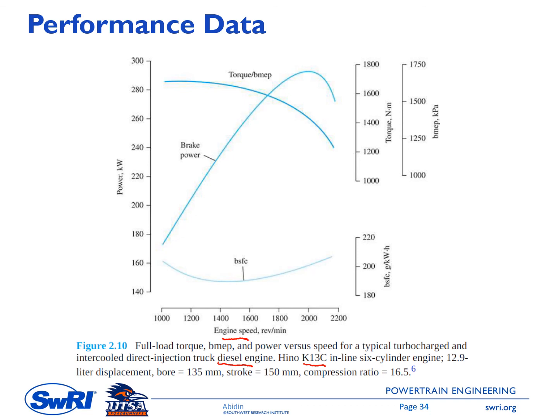It is a 6-cylinder inline with a 12.9 liter displacement. This is a heavy duty application, so it can be for a truck or bus. The bore is 135 millimeters, the stroke is 150 millimeters, and the compression ratio you can see here is 16.5, which is much higher than the spark ignited engine.